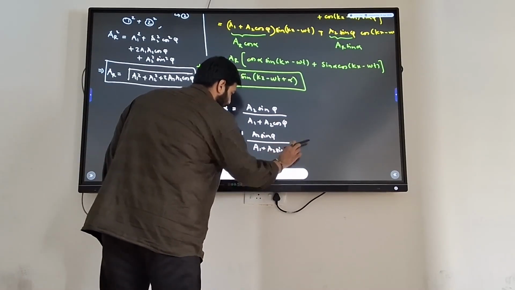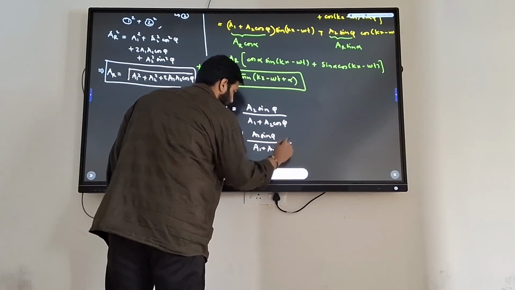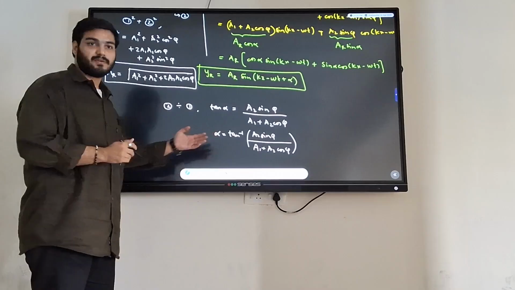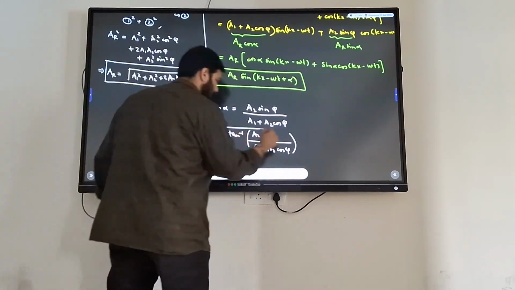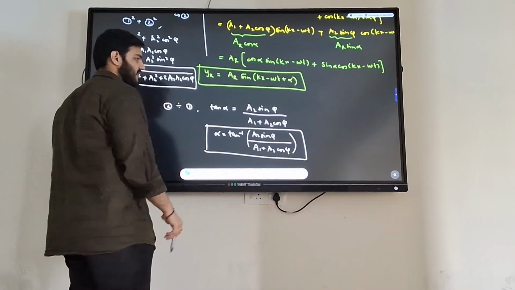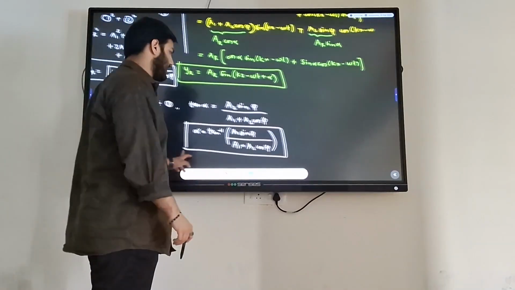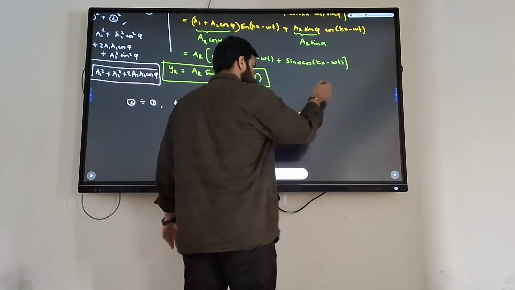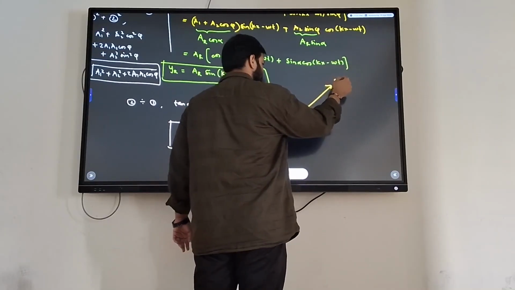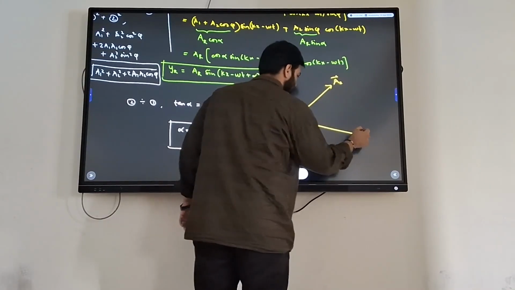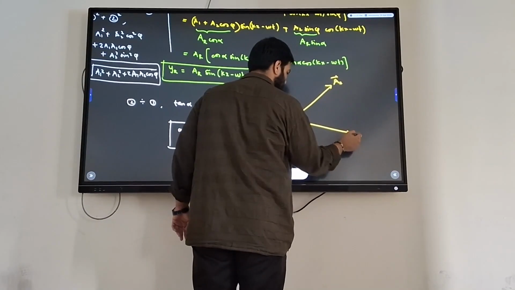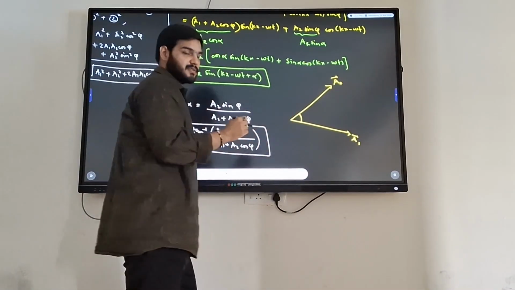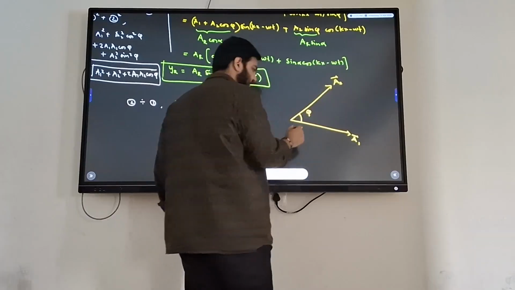If you remember the things we did in vectors, it's exactly the same as what we found in vectors. If I make the diagram, how will it look vectorially? This is the A2 vector. This is the A1 vector. What is the angle between these two vectors? φ. Then how should the resultant be?